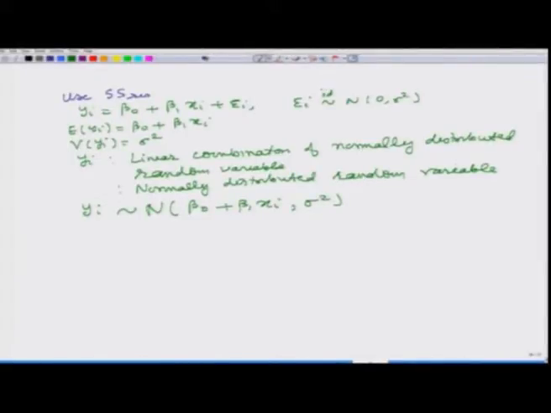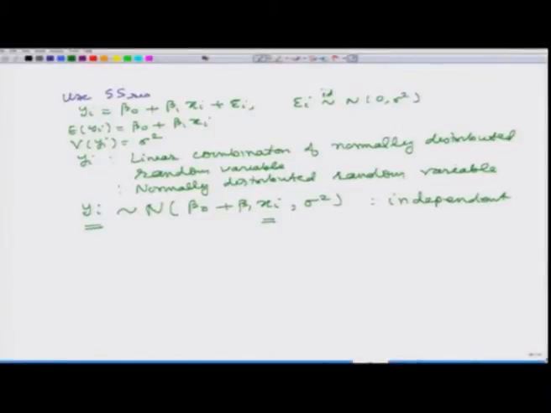Now, are they also IID? If you try to see, they are independent, but they are not identically distributed. Why? Because the distribution of yi is depending on xi. So, as the observation changes, the mean of the normal distribution also changes.